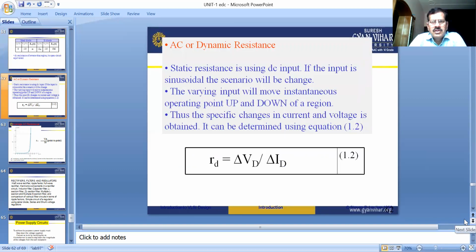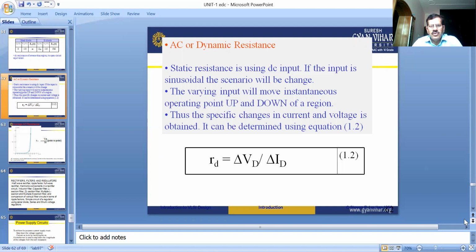Now we discuss the AC or dynamic resistance. So what is the AC or dynamic resistance for a PN junction device? Static resistance is using DC input. If the input is sinusoidal, the scenario will change.